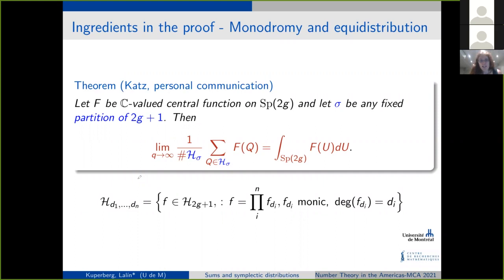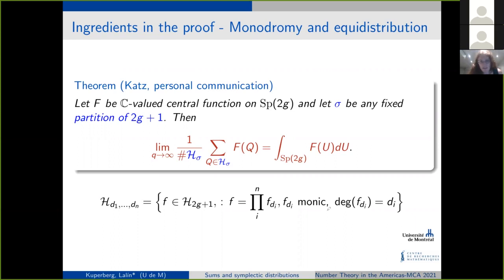So if you only consider the square free polynomials that are forced to be factorized in a certain way, it doesn't have to be irreducible factors, you just force the polynomial to have, say, a factor of degree 2 and a factor of degree 2g minus 1. And so he was able to prove that the monodromy of that is still the symplectic group.